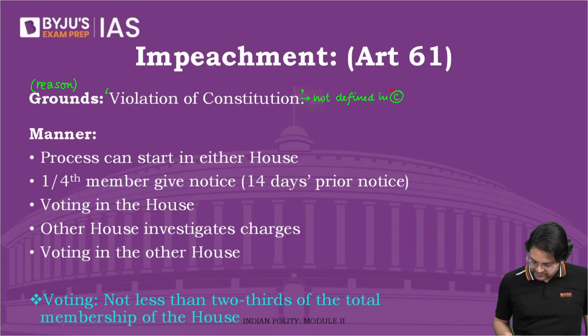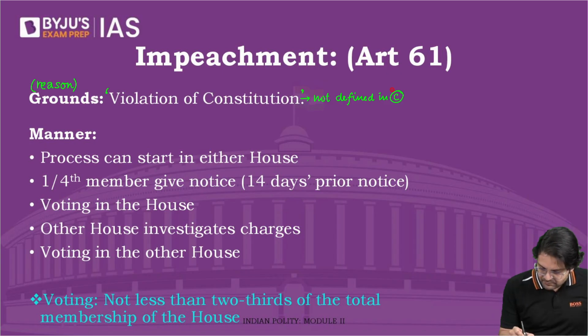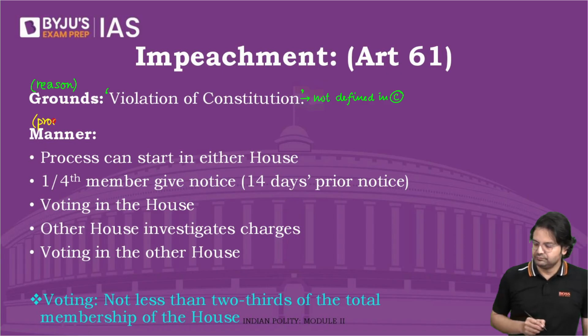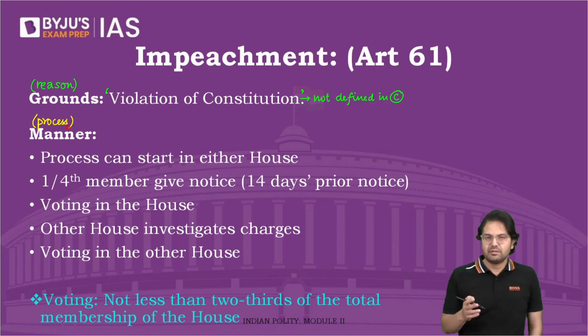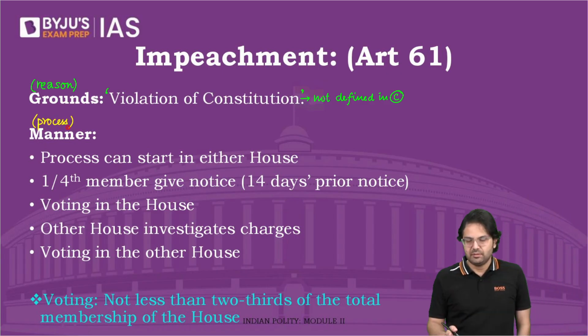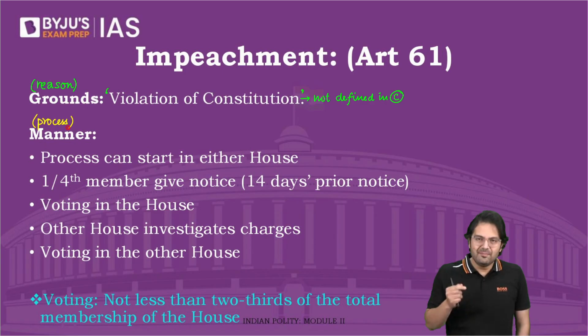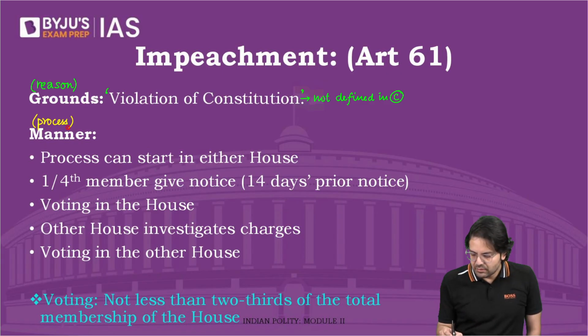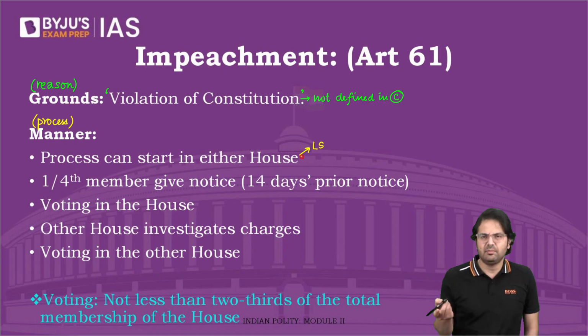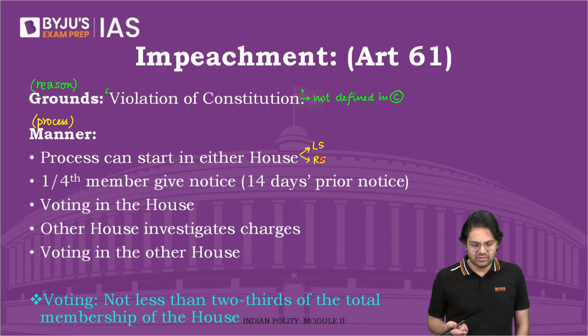Now, what's the manner? Manner means process. So what process is followed? The procedure to remove the president, or the correct word that we use, and you should also use now, is impeachment. Okay, so the procedure to impeach the president begins in any house. It can start in the Lok Sabha, it can start in the Rajya Sabha, no problem. Any house can start the procedure.